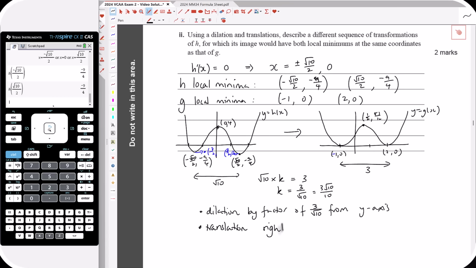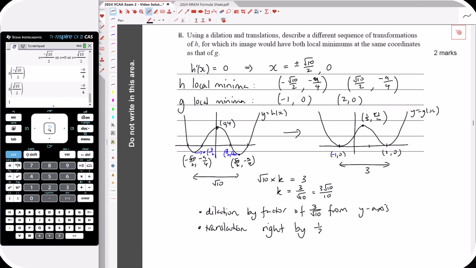You don't need to say in the positive direction of the x-axis. It's a real waste of time on words. Right by half a unit, and translation up by 9 on 4 units.